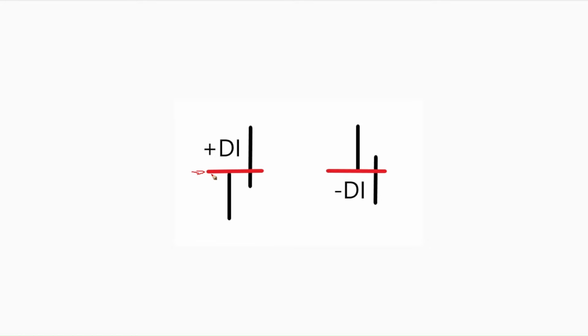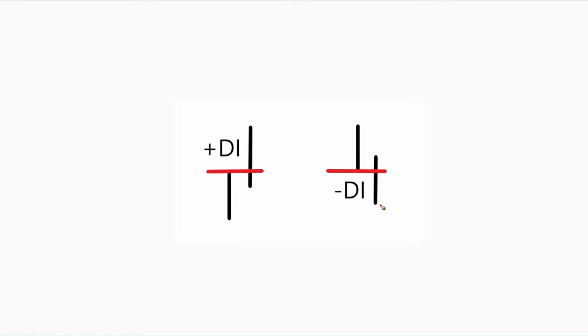How much more upside do we get in terms of the next higher high? Do we make a strong higher high, or a little one? The difference between the high of this bar and the high of this bar is the positive DI for that day or that week, whatever the bar is. If we're looking at a 2-minute chart, you'd be comparing every 2 minutes each higher high and how strong it is.